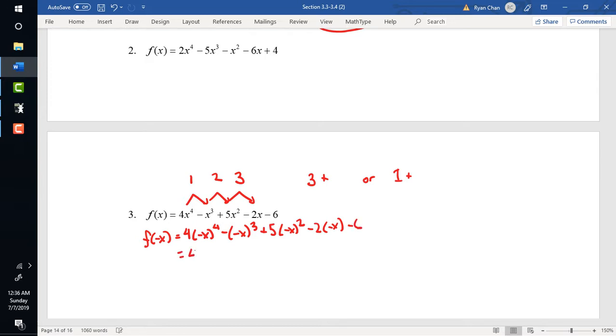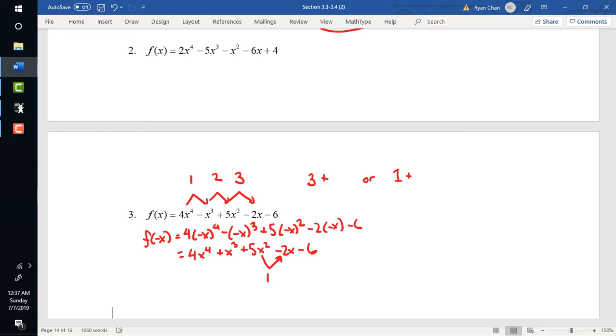So this is 4x to the fourth. This will be positive x cubed. This will be positive 5x squared. And this will be minus 2x and minus 6. Let's see how many times it switches signs. It's positive, positive, positive, but then it switches to negative and stays negative.